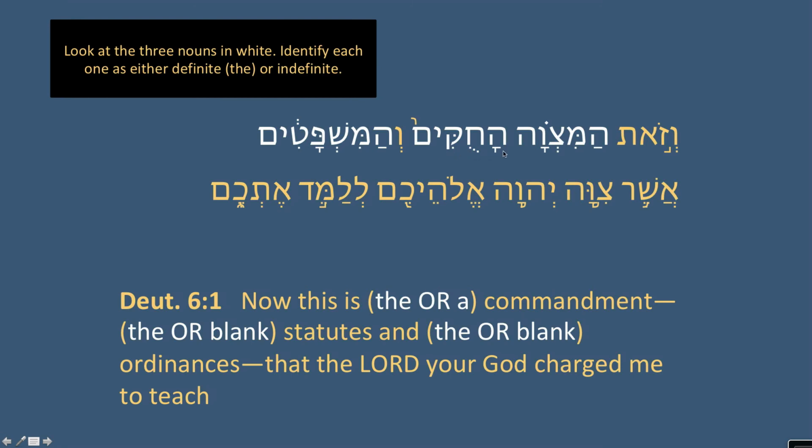This is also definite, but notice here, because the chet is a guttural, the hey will come with a kamatz as compensatory lengthening for the fact that the chet will not take a dagesh. And then in our final noun, ha-mishpatim, now we know that this is a masculine plural noun, and we have the definite marker, the hey, the patach, and a dagesh in the mem.